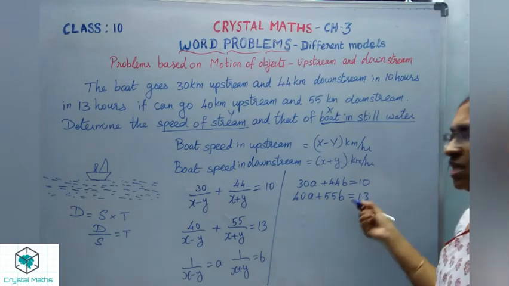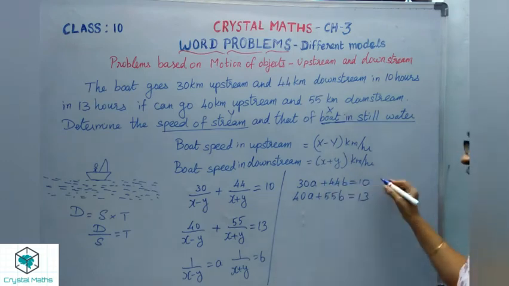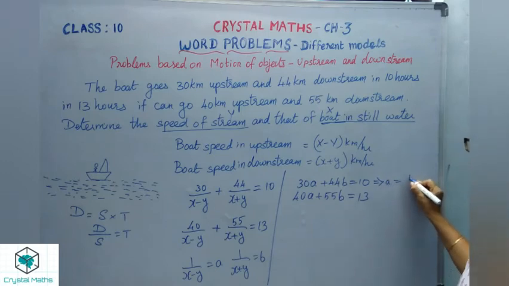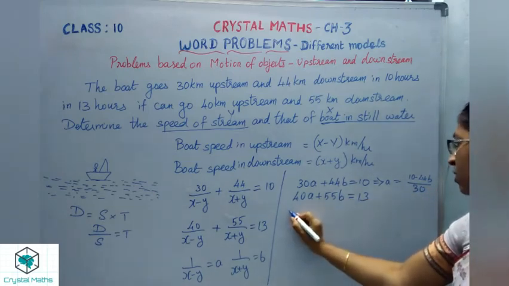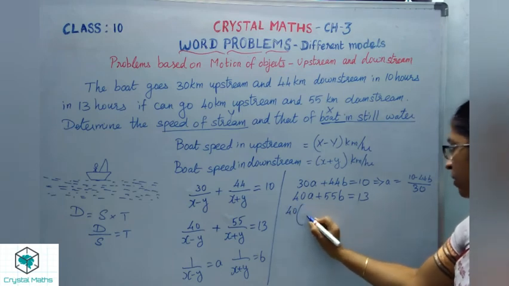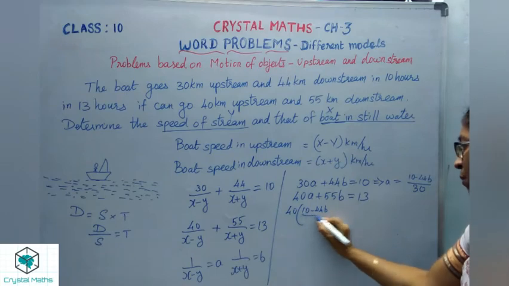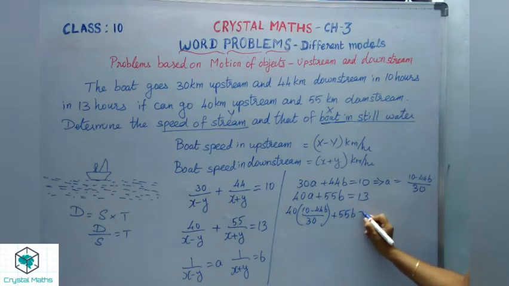We can use any method. I am going to use the substitution method. From this equation, a equals 10 minus 44b by 30. If we substitute in this, we get 40 into (10 minus 44b) by 30 plus 55b equal to 13.